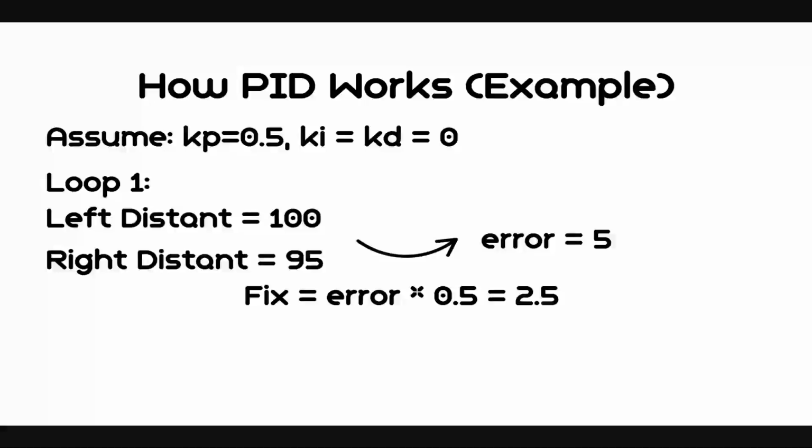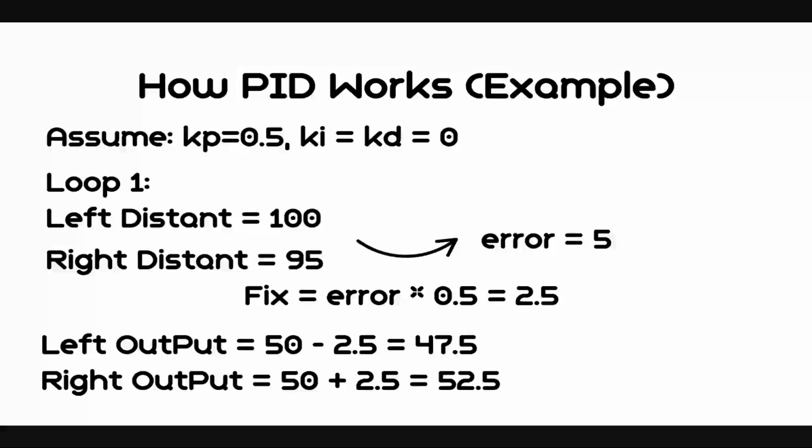And the fix should be 2.5. And we just apply that to the motor output. In this case, the right output should be much larger than the left output because the right side is going slower than the left side. We just have to add a constant to it, which we calculate using a simple PID controller.